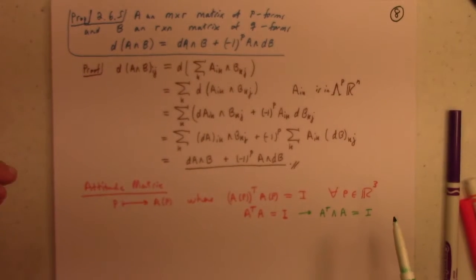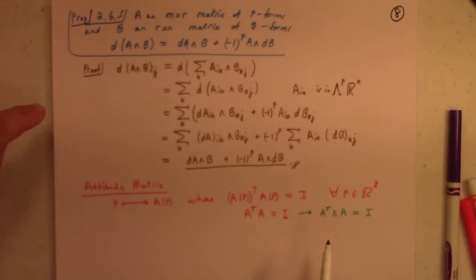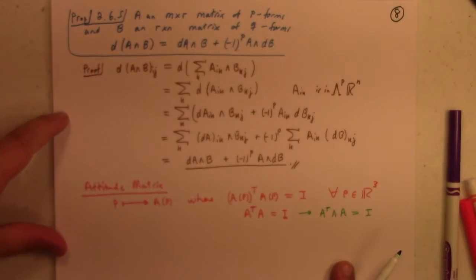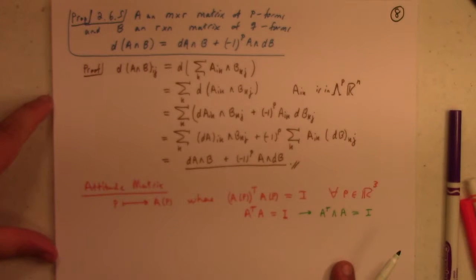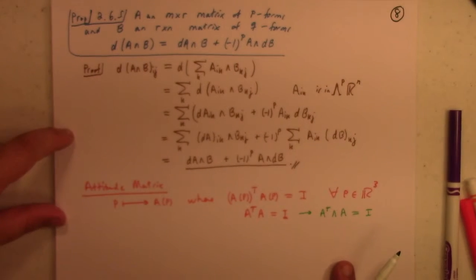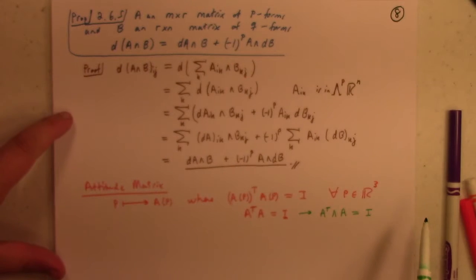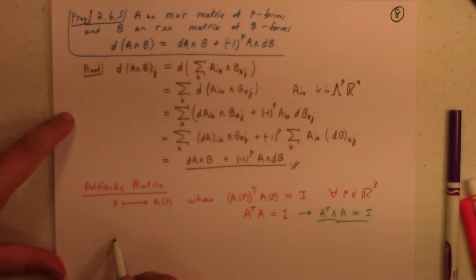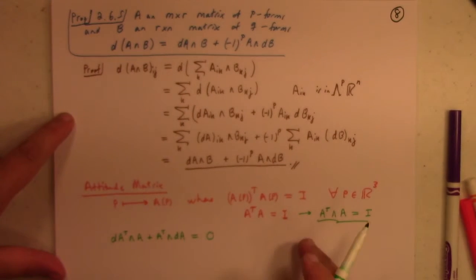Well, fine, true, but this derivation holds for functions just as well as honest to goodness genuine forms. A function is a genuine zero form. All right. Anyway, if I differentiate this, I have dA transpose wedge A plus A transpose wedge dA equals 0.